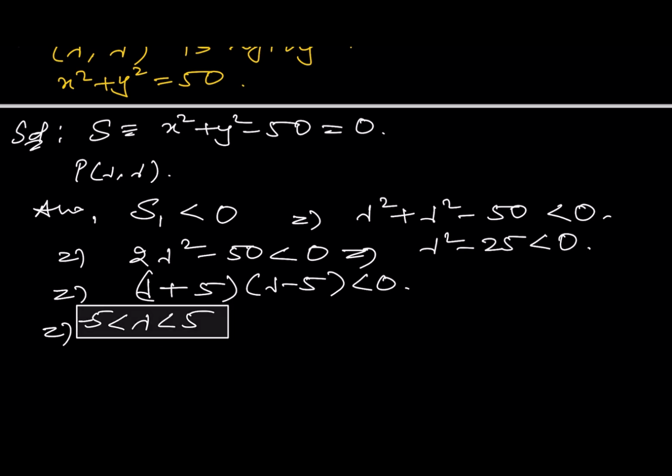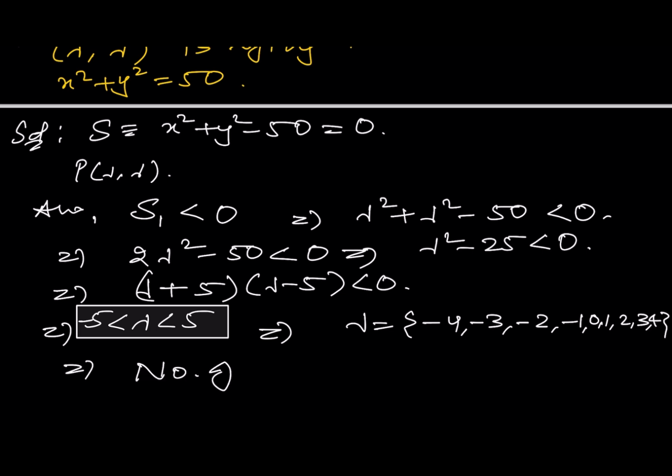So here lambda can be -4, -3, -2, -1, 0, 1, 2, 3 and 4. So there are a total of 9 values. So the number of integral values is equal to 9.